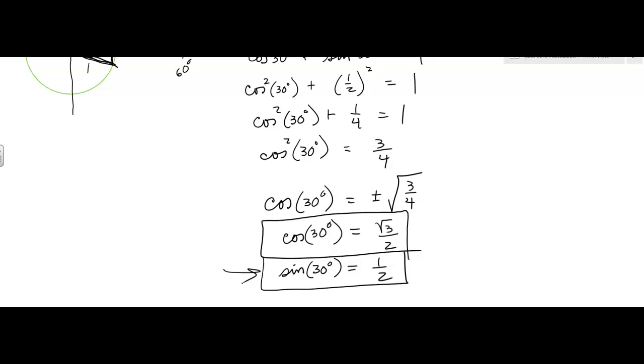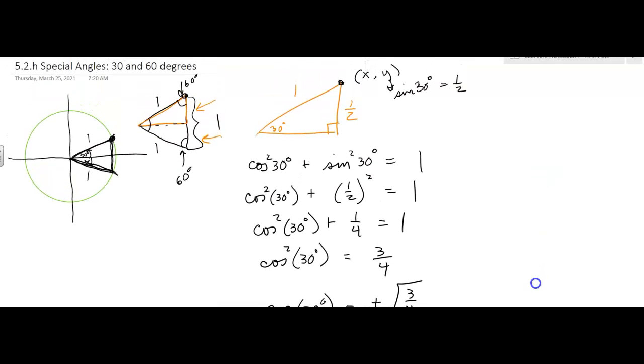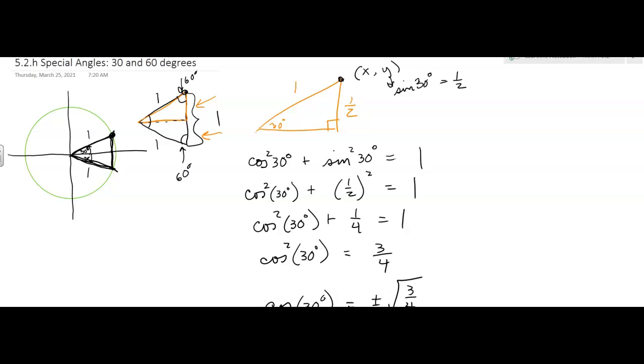Okay, speaking of finding everything else, now we're going to think about it in terms of the 60 degrees. Okay, so if this was 30 degrees here, then this has to be 60 degrees up here. And you can get that from the picture that we had earlier. So now let me draw a triangle. This is 30 degrees, and this is 60 degrees.